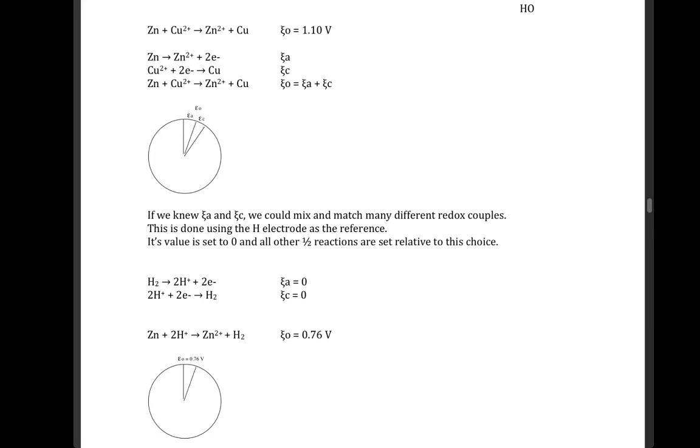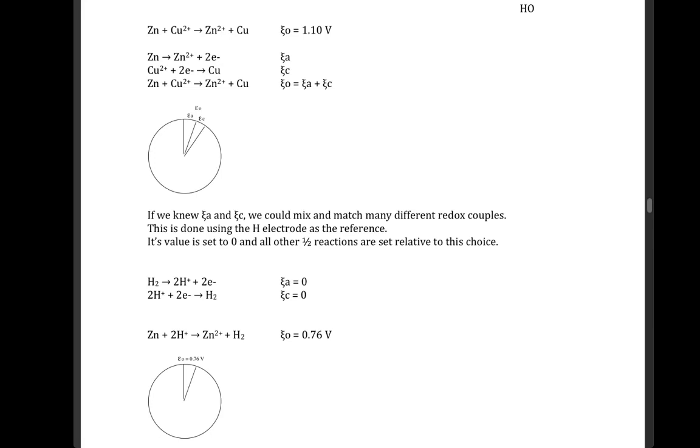This is done using the hydrogen electrode as the reference. Its value is set to 0, and all other half reactions are set relative to this choice. So it's the reference, kind of like how long a meter is, that's a reference, and we make all measurements based on that when measuring in meters.